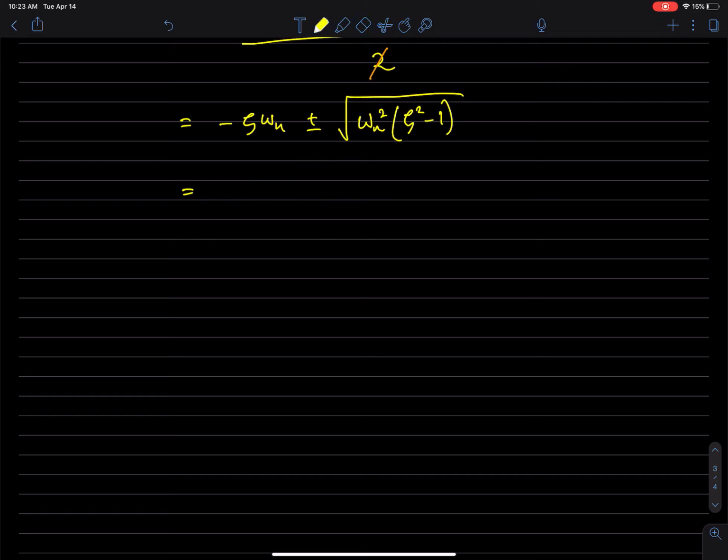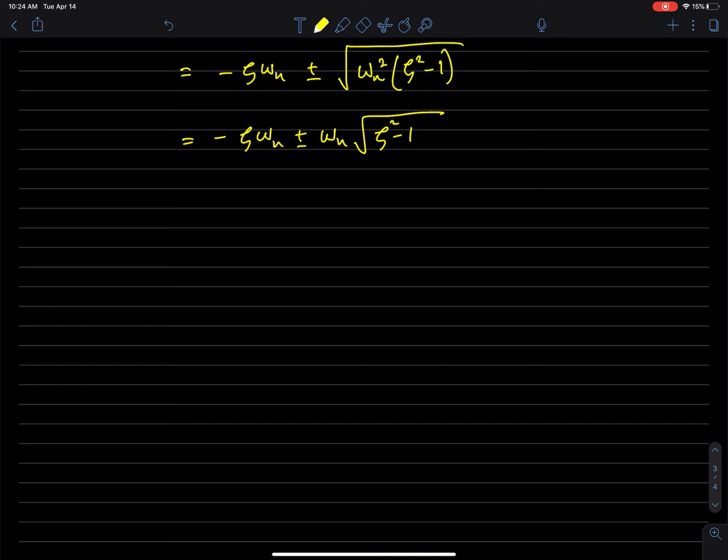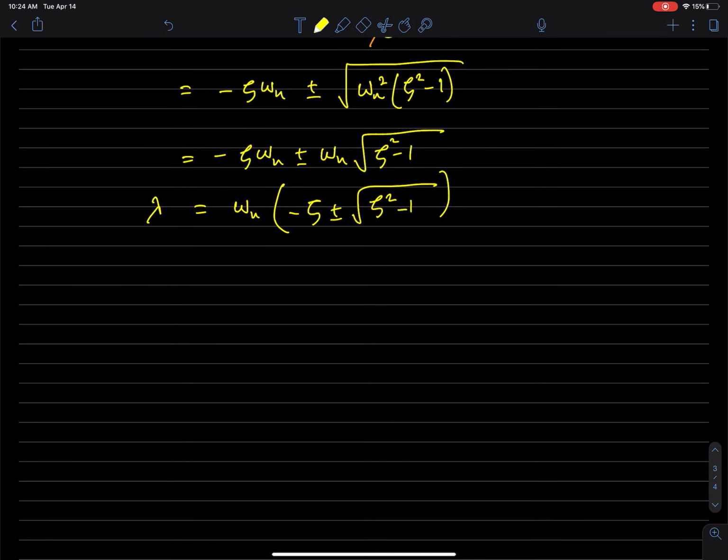We have minus zeta omega n plus minus omega n square under the square root, which if you bring it out becomes omega n. Okay, so that's lambda.